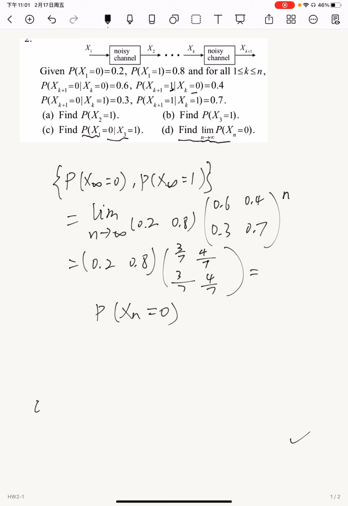The output is 3/7 and 4/7, and this one is xn equal to 0, and this one is xn equal to 1. So we know the output is 3/7.